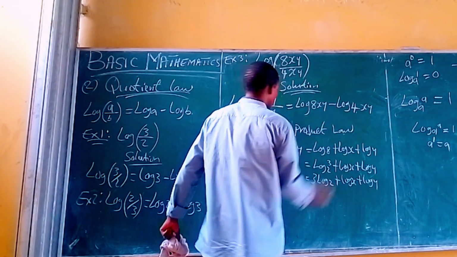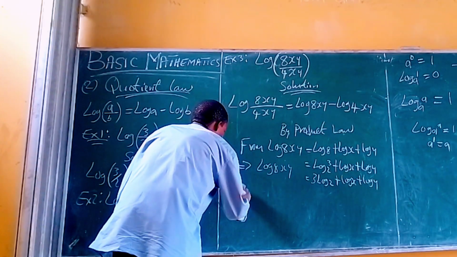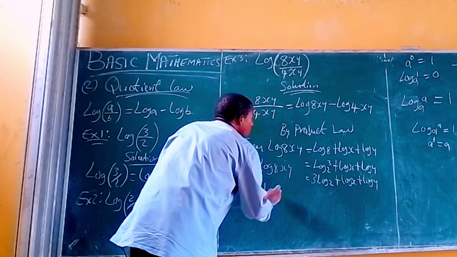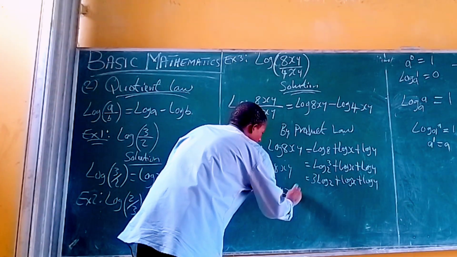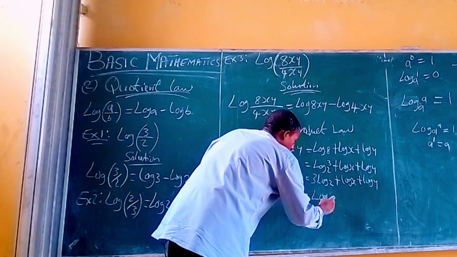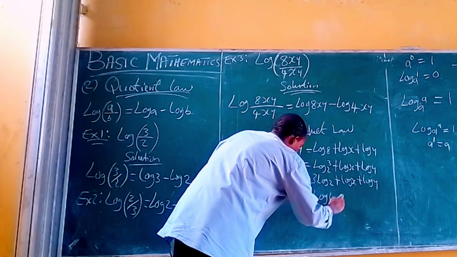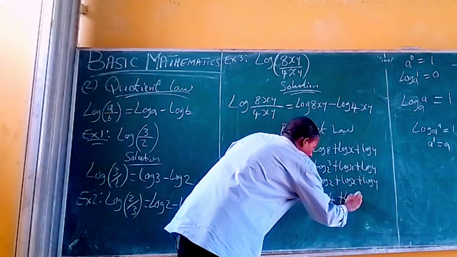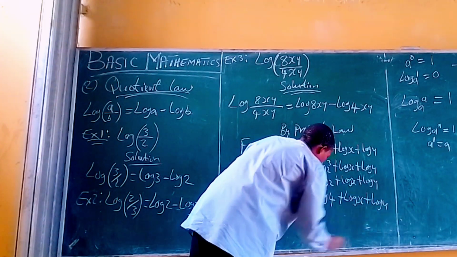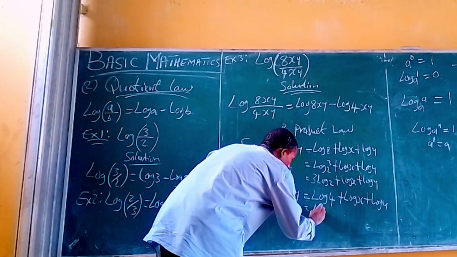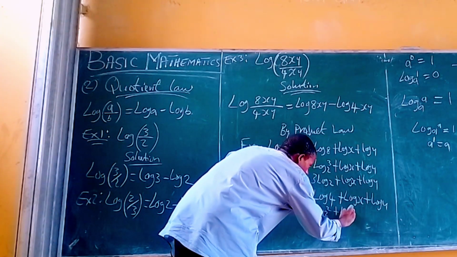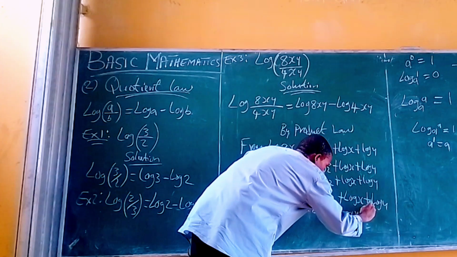Now let's look at the second one, 4xy. This is log of 2 to the power 2, which is log 4, plus log x plus log y.